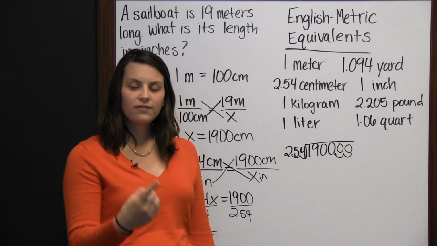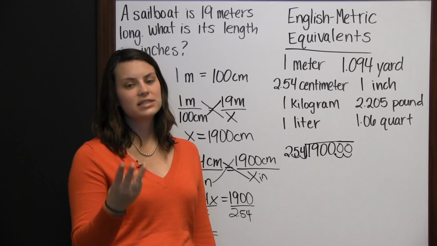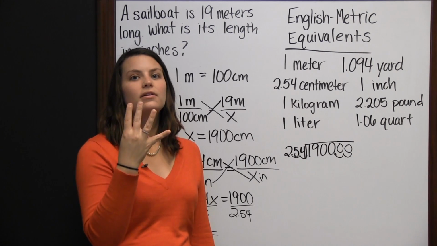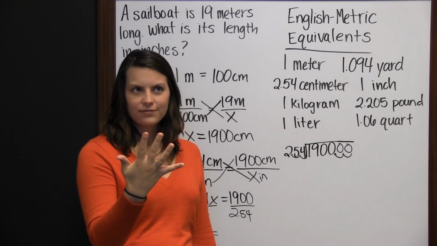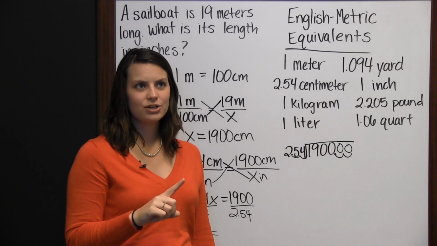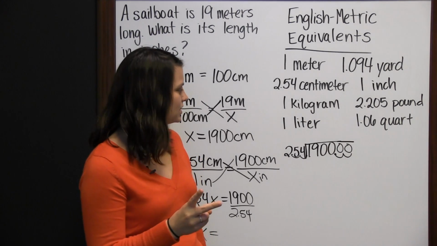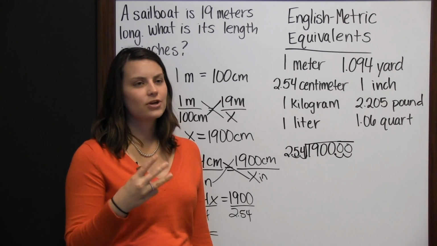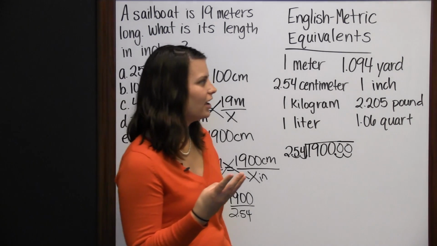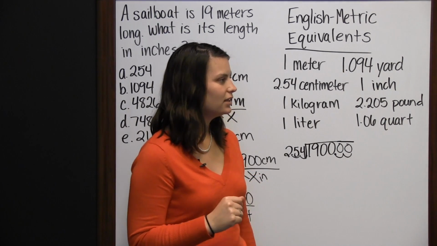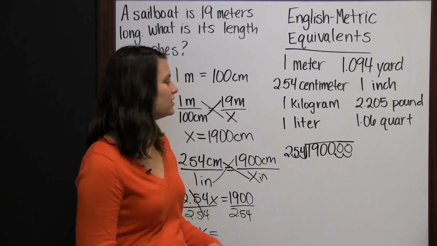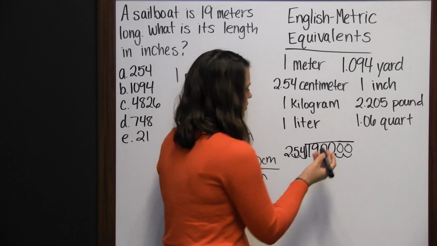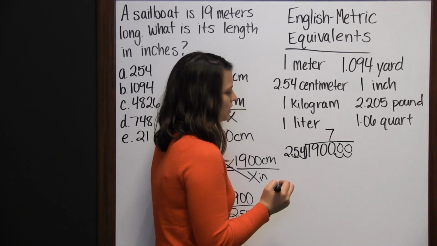So 250, 500, 750, 1,000, 1,250, 1,500, 1,750, and then 2,000. So it only goes 7 times because 2,000 is too much. So 254 only goes 7 times into 1900.